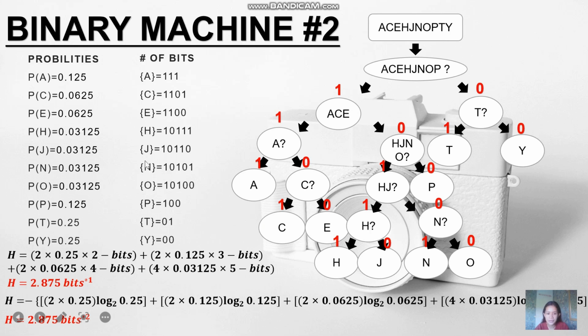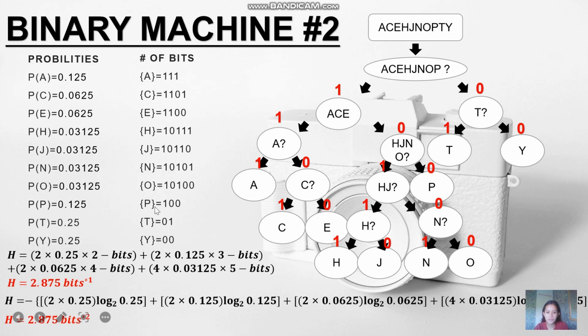For the letter J, we have 1, 0, 1, 1, 0, still a total of 5, so still 0.03125. Letter N, we have 1, and then 0, 1, 1, 0, and then 1, so again the probability is 0.03125. The letter O is equal to 1, and then 0, then 1, and then 0, 0, still a total of 5 bits, so that will be 0.03125 for the probability.